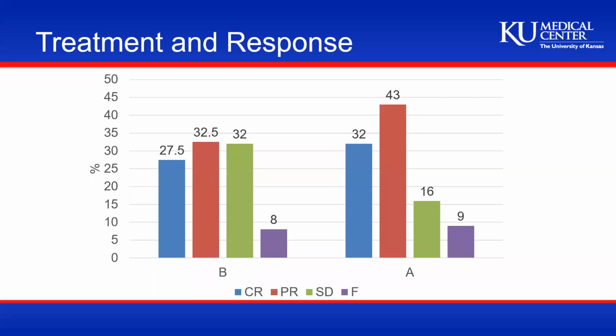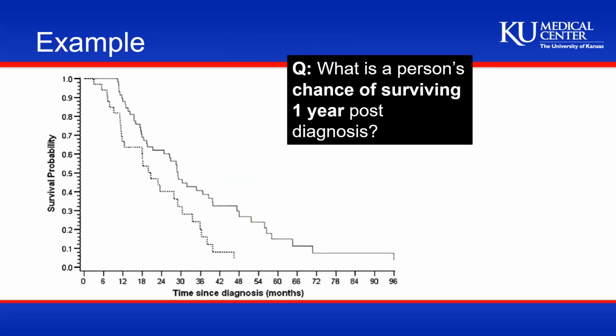And there are also post hoc methods for identifying which cells are statistically different that involve chi-square tests as well. This functions much like an ANOVA, where you have multiple groups and you're trying to find which groups are actually different. Here it appears that the partial response and stable disease are where the differences reside.